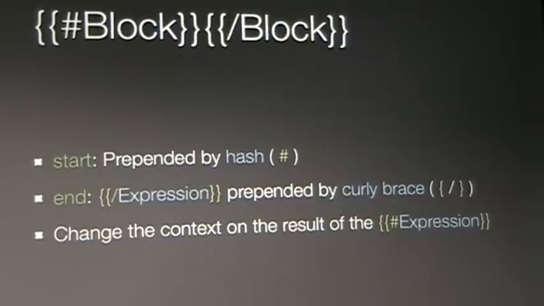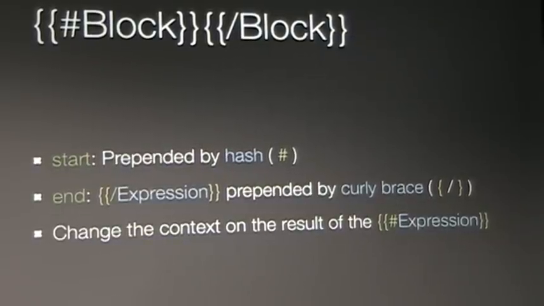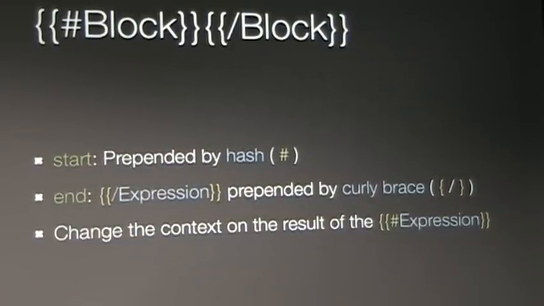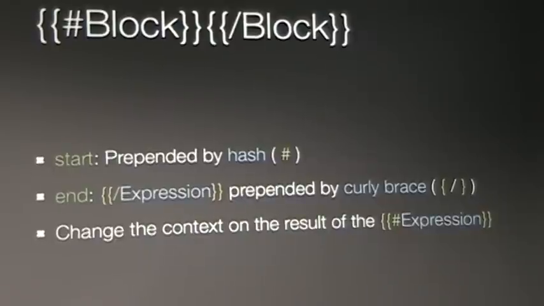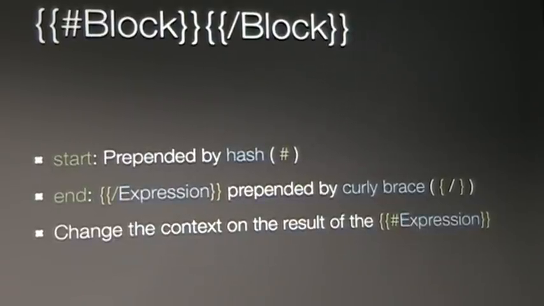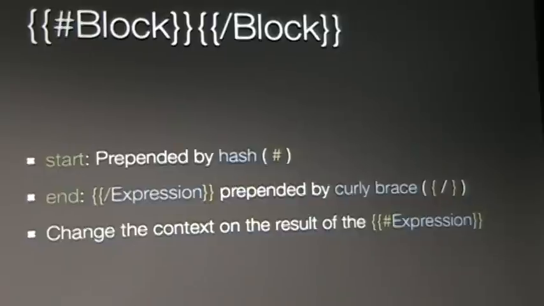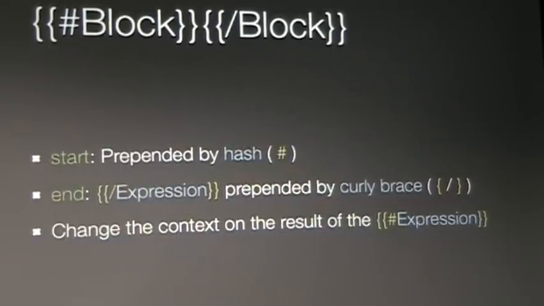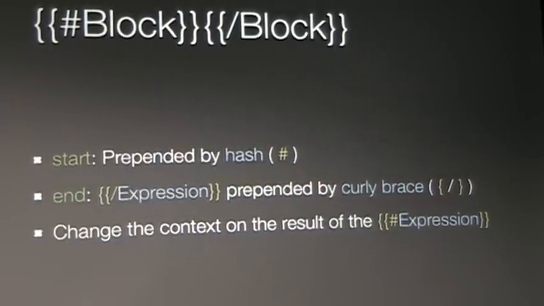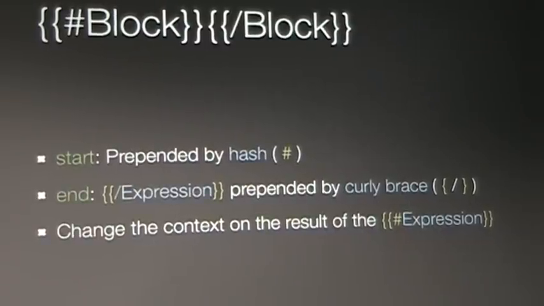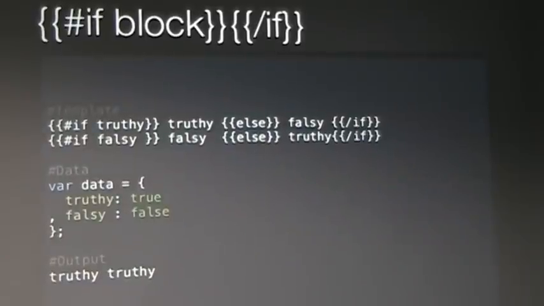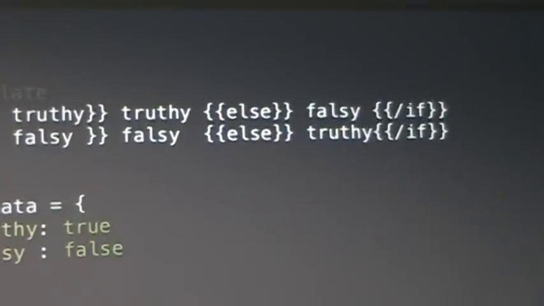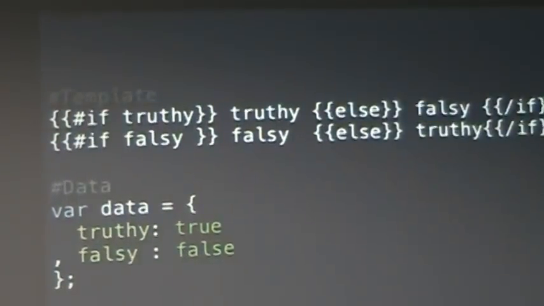So it should be a slash instead of a curly brace. And then blocks change the context of the result expression. If you noticed earlier when we changed the context of person to the inside of that, with the first name and middle initial. So first we have the built-in blocks, which is first the if block.